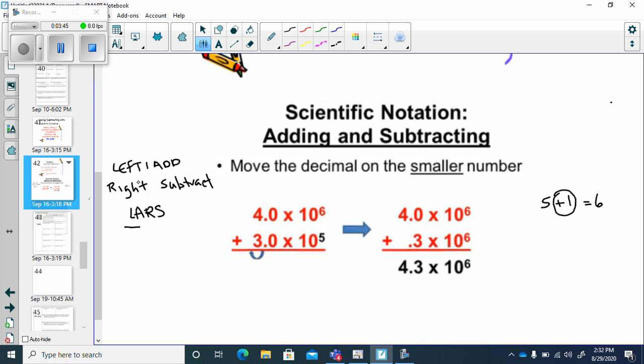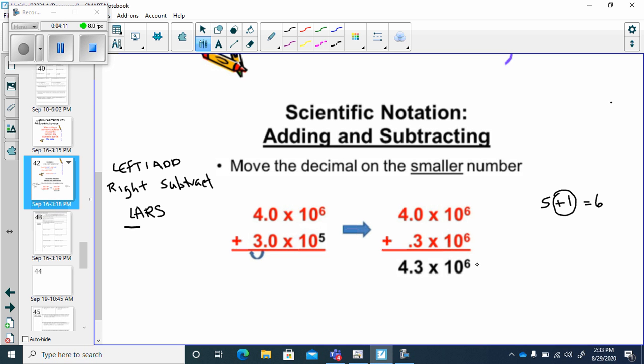When I add, I move my decimal left, okay? So you move your decimal left one place. This 3 times 10 to the 5th is equal to 0.3 times 10 to the 6th. I've just expressed this exact same number in scientific notation, but instead of 10 to the 5th, I need it to be 10 to the 6th. So I'm having to move the decimal to do that.